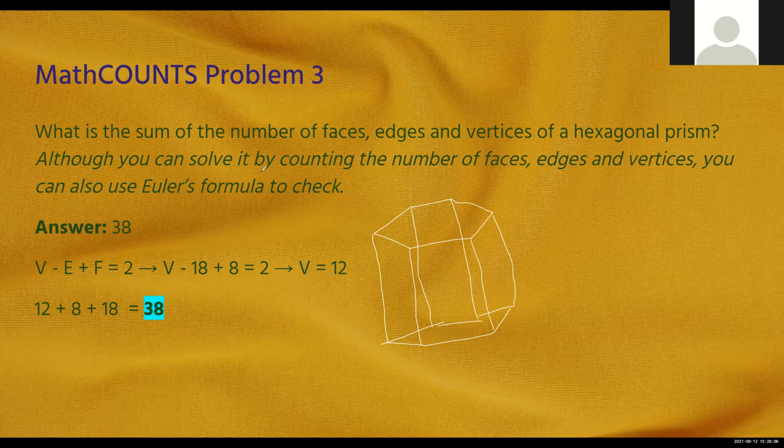So say the name of the prism is an n-gon prism, right? Basically there are 2 of these n-gons, or shapes which have that number of sides.